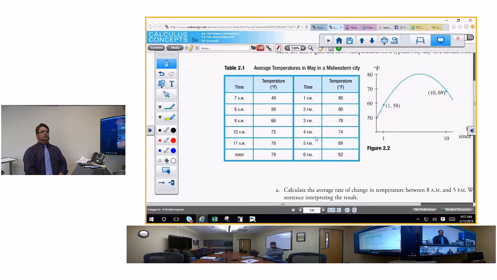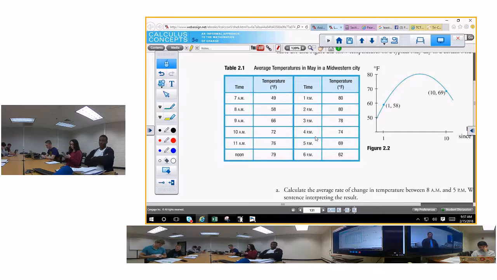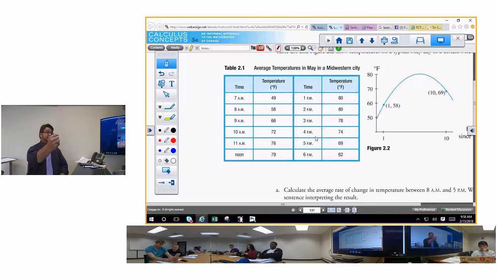And then I want you to find the slope between the 2 points given. That's what A says. Calculate the average rate of change. Take average rate of change out and put slope. Between 8 a.m. and 5 p.m. Well, 8 a.m. is 1 hour after 7, and 5 p.m. is 10 hours after 7.